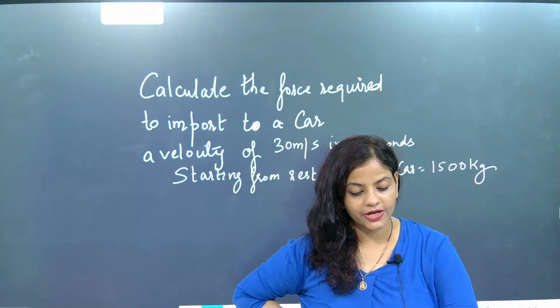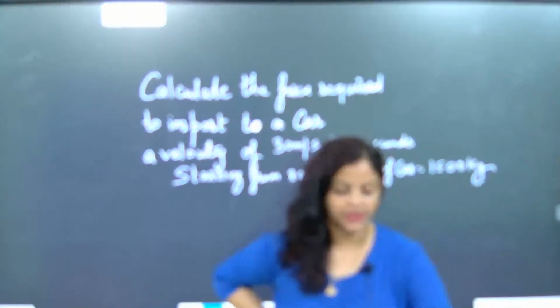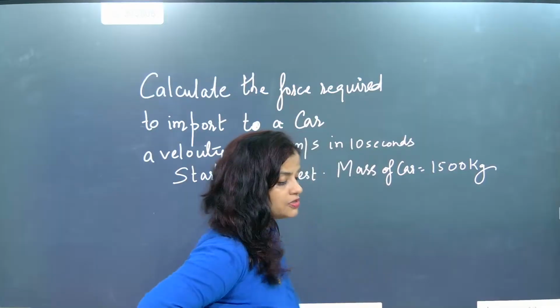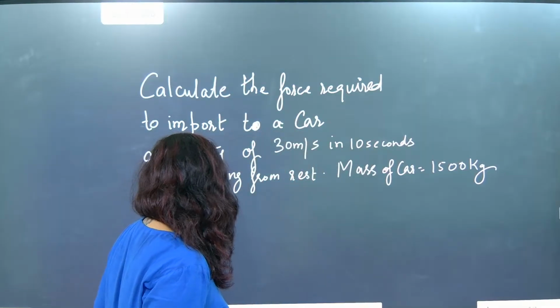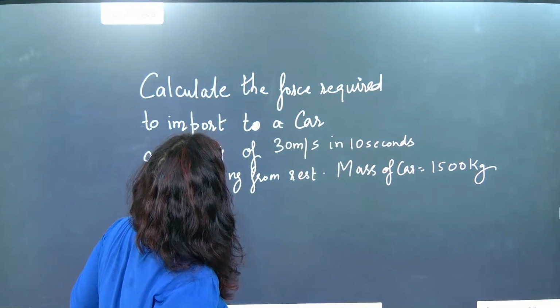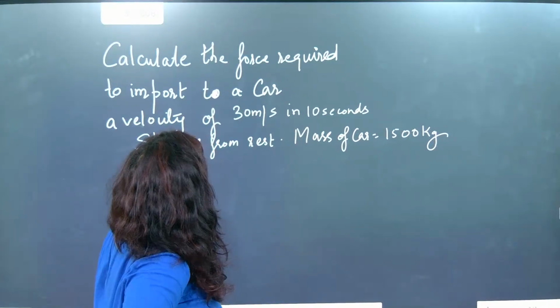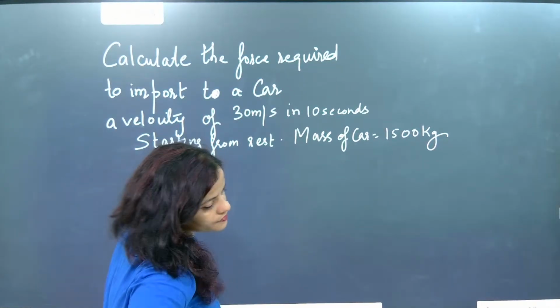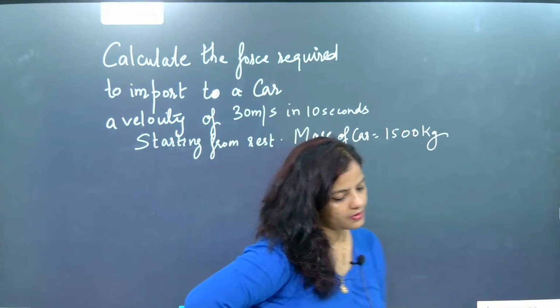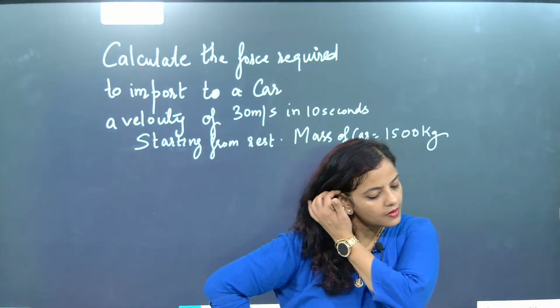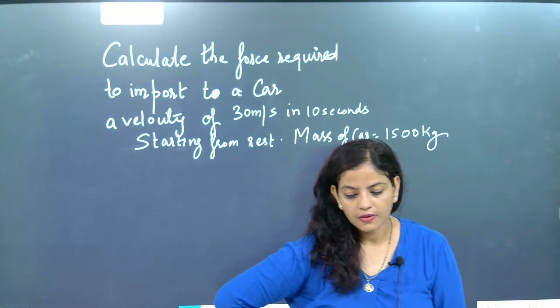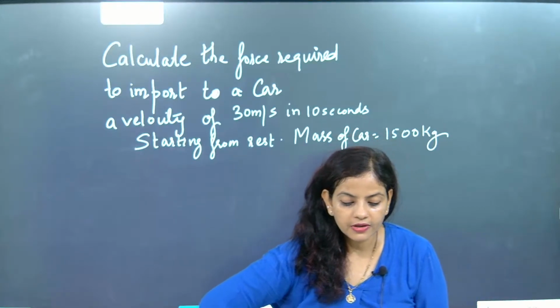Riya, check one more time, beta. You can do it. Nothing is impossible. We can do it. Try, beta.